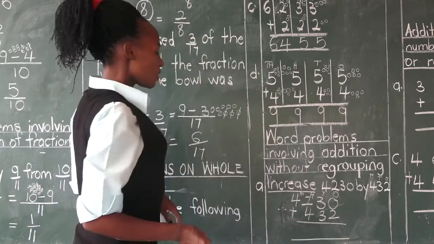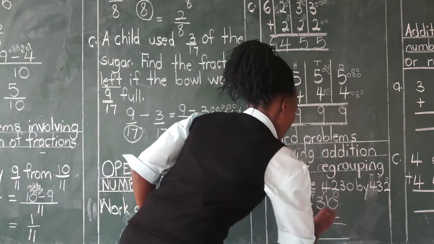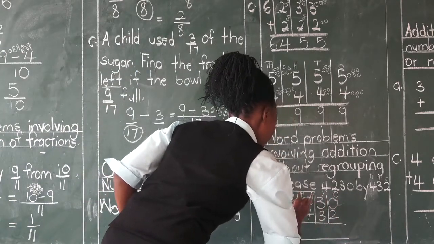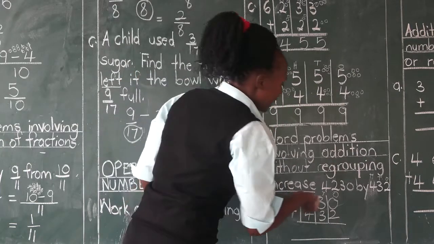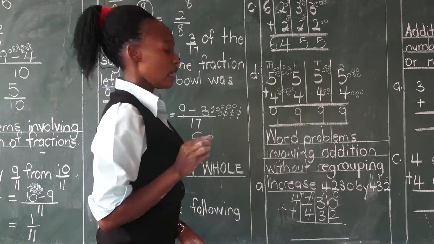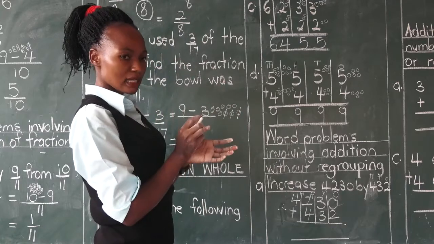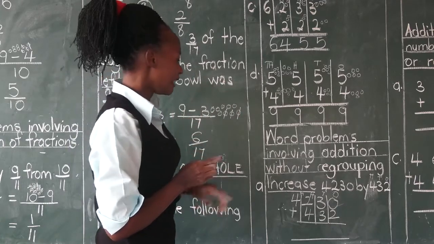Now let's work out this. We are going to first draw our lines in the middle so that we don't miss those place values. Okay? Now, under ones we have 0 plus 2. I'm not going to draw the balls. Why? Because when you looked at the 0 concept, we said any number when you add it to a 0, you get that very number.